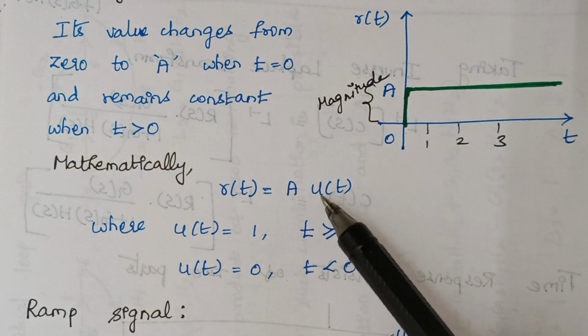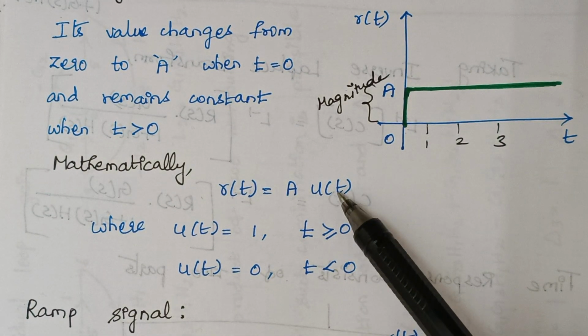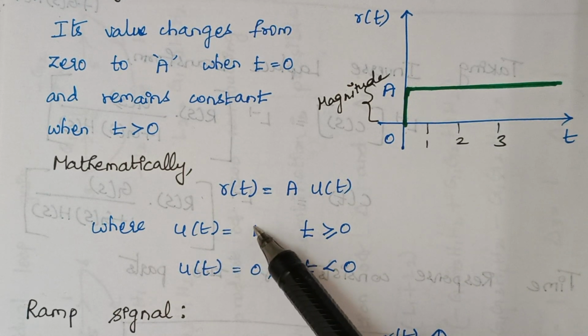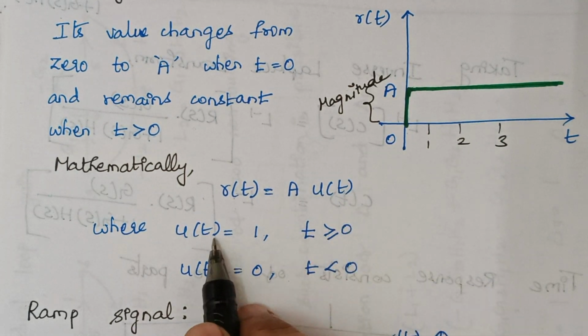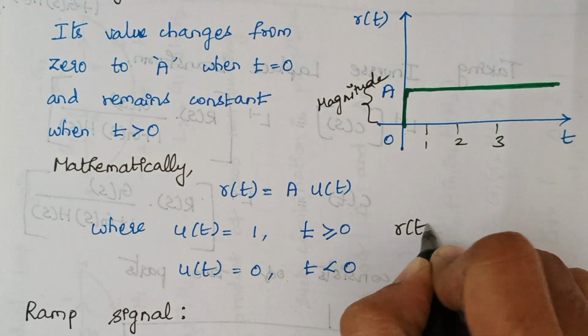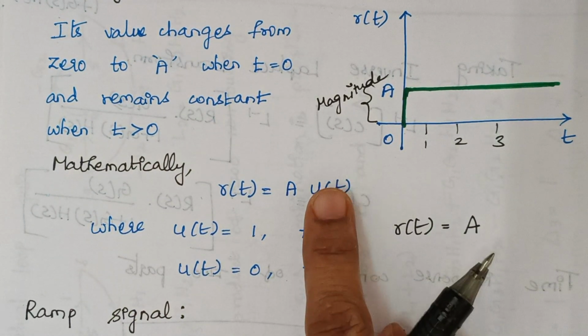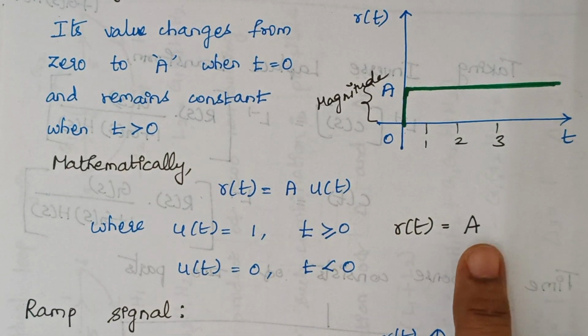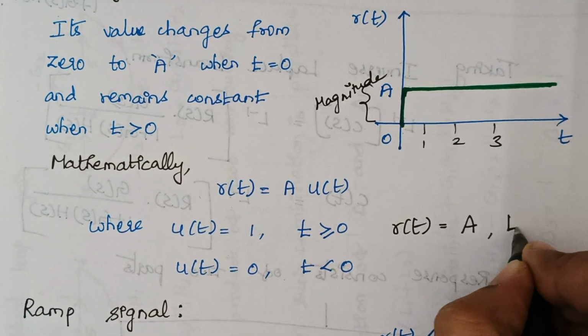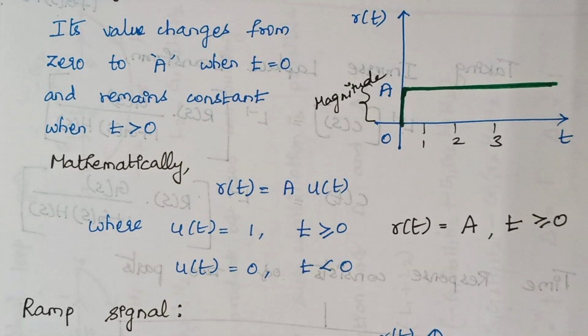What is the value of u of t? The value of u of t is equal to 1. When u of t is equal to 1, r of t is equal to A, because 1 into A is A. This happens when the value of t is greater than or equal to 0.